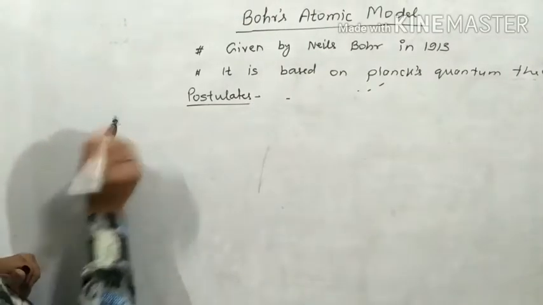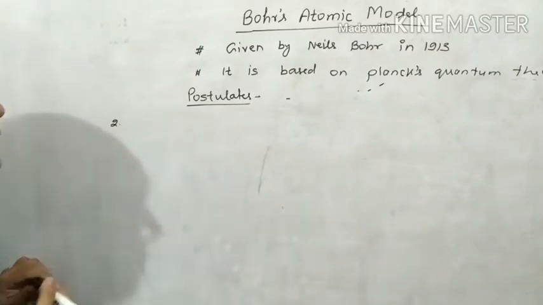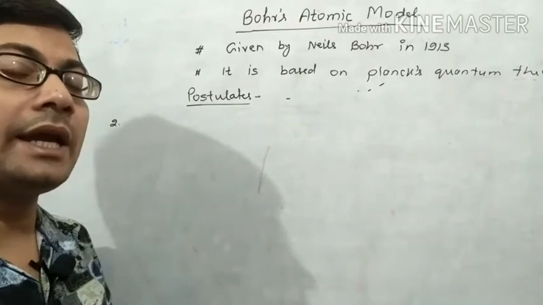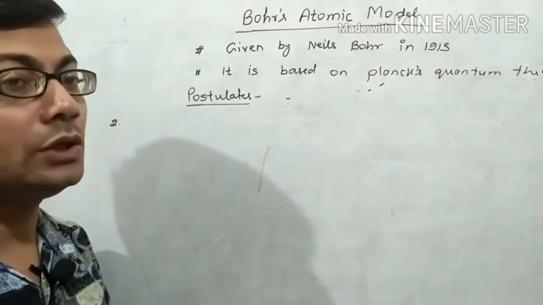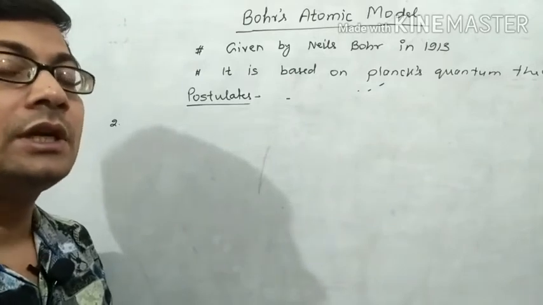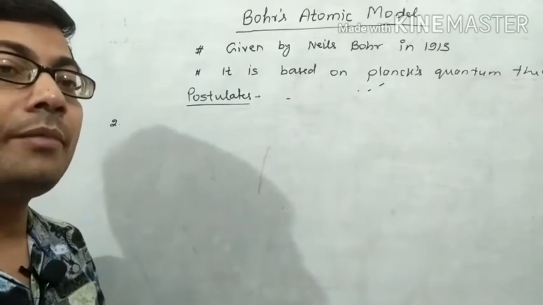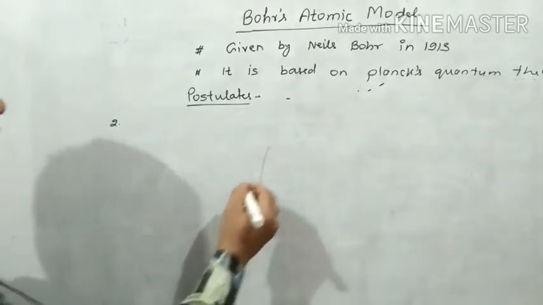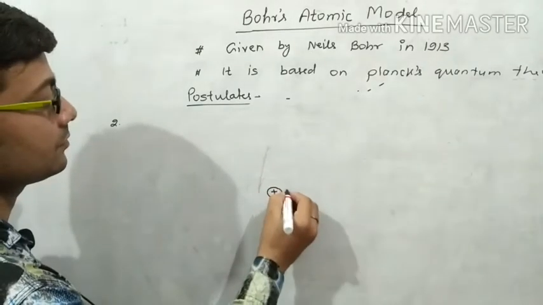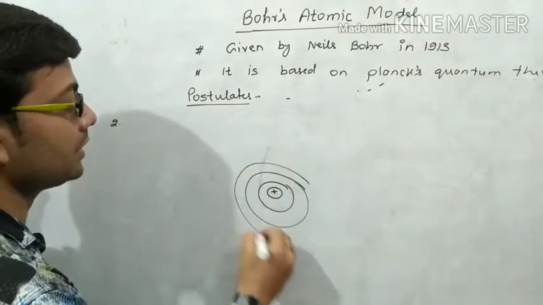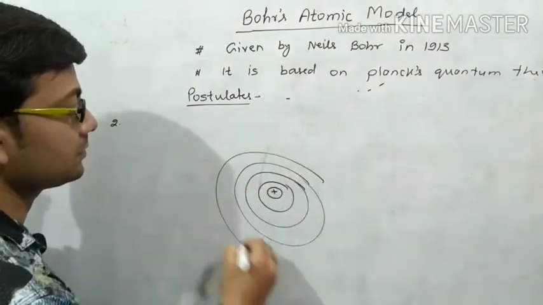Now the second postulate. According to Bohr, in an atom there are n number of orbits around the nucleus which have a fixed amount of energy. They are called main energy shells. Like this is the nucleus, and these are circular orbits around the nucleus.